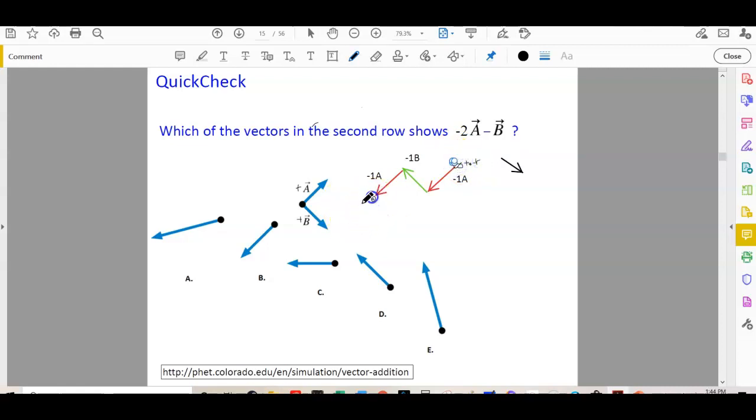And here's the end right here. Okay, so I've got to take this resultant vector right here. I'm going to stretch it to the end and put it right at the beginning, right there. So that is the resultant vector, and that is negative 2a minus b.